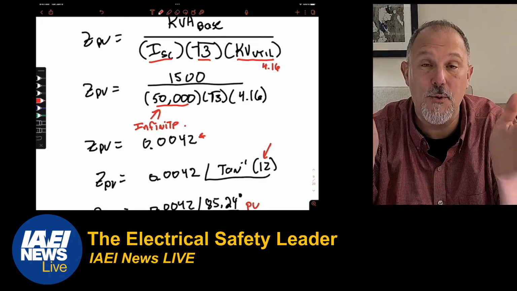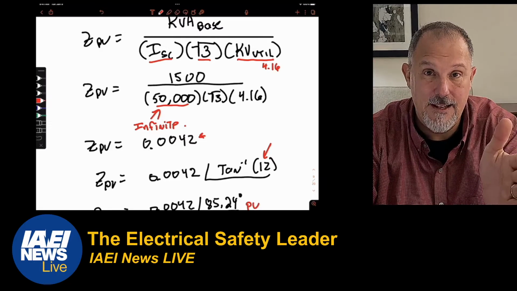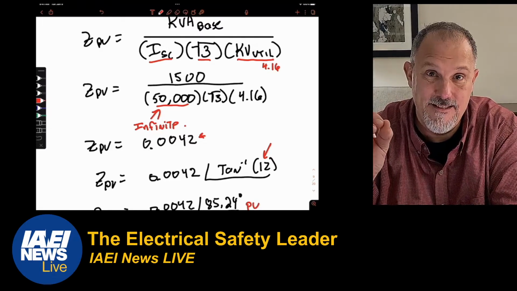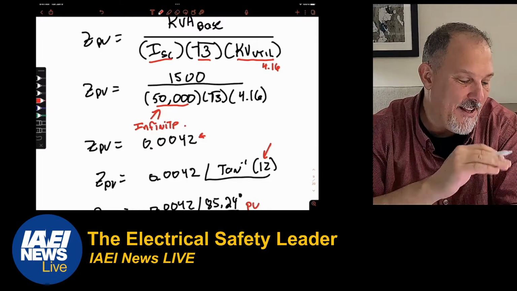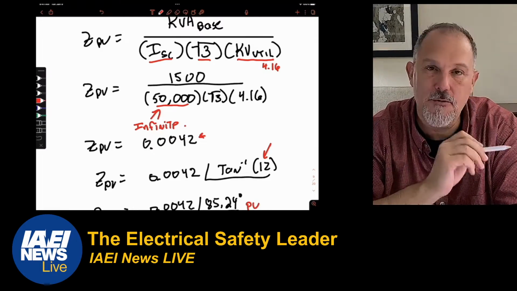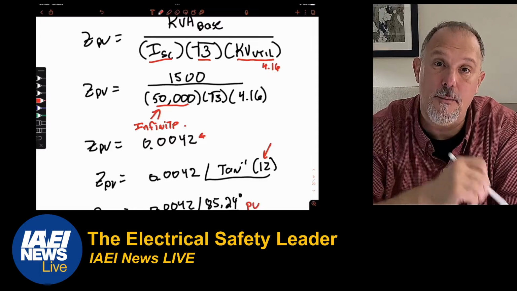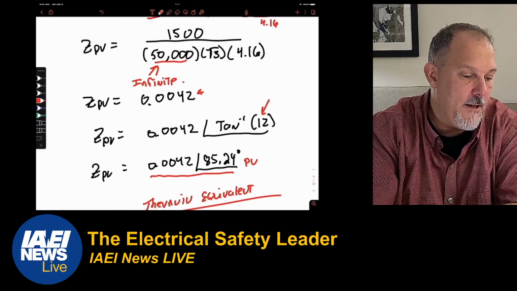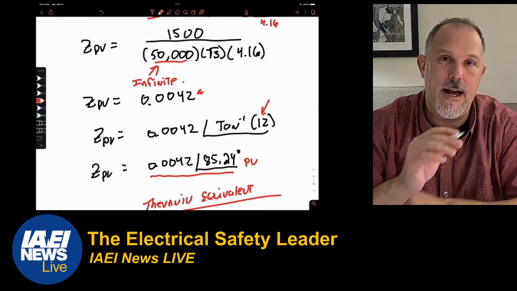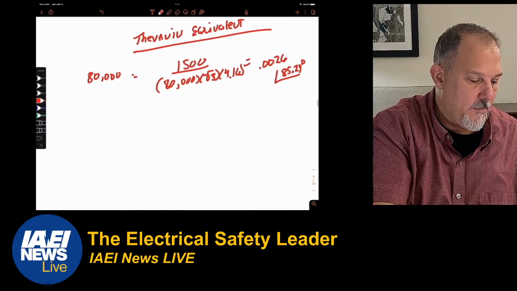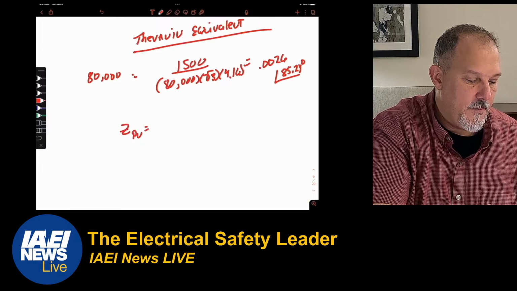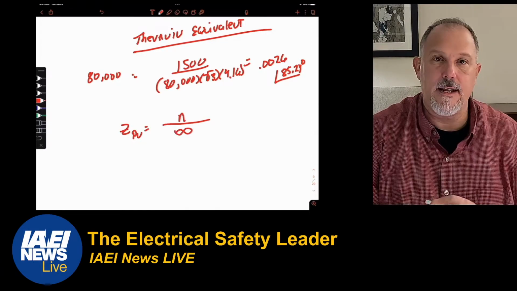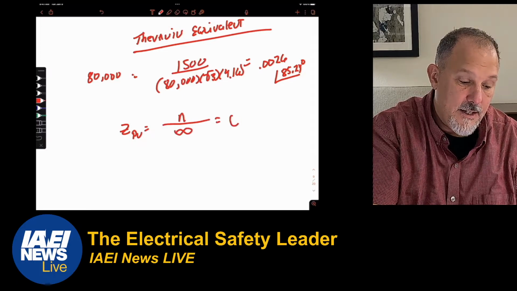I'm giving you why we call it an infinite bus. Because in this equation, my fault current is in the denominator. When I have an infinite amount, remember, Z per unit, any number, n, over infinity is equal to 0.